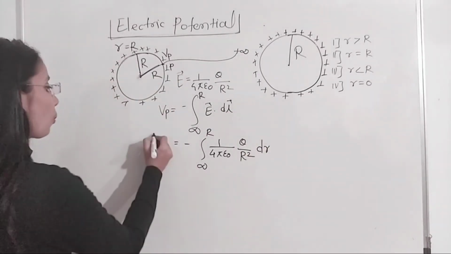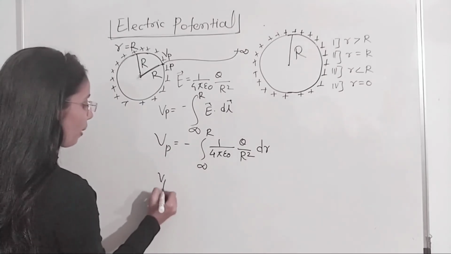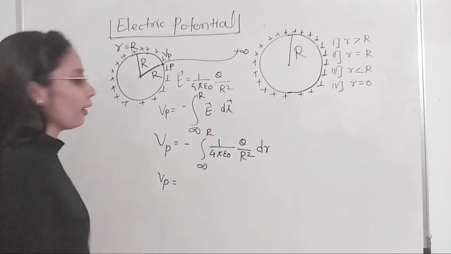So Vp is equal to, what is the constant here?